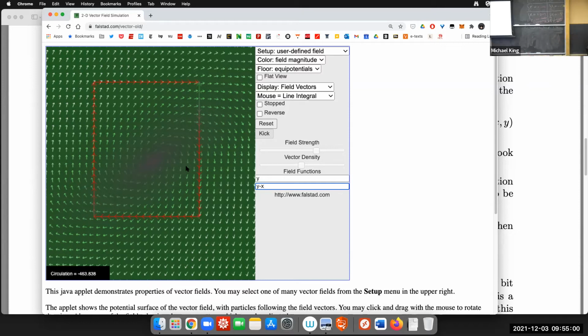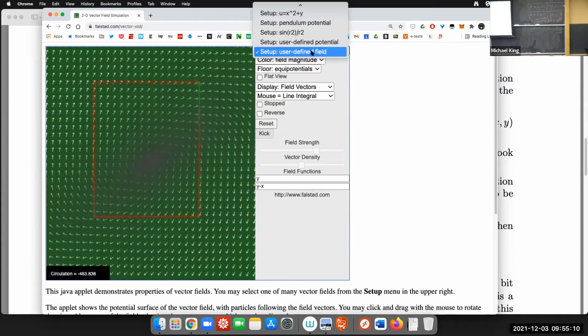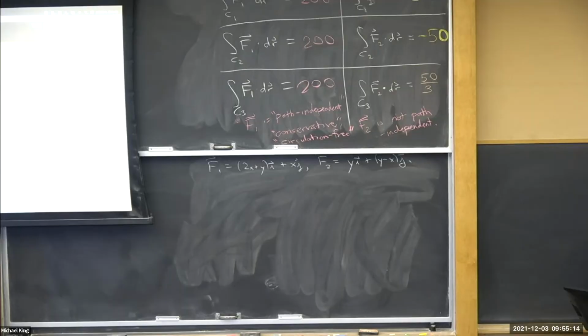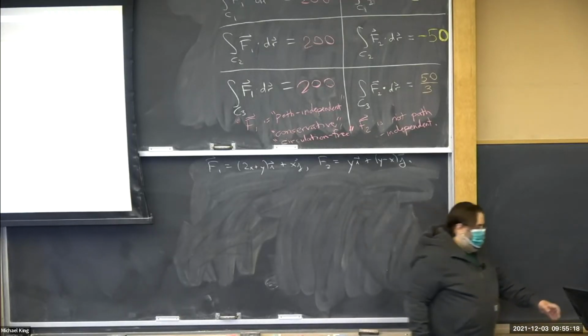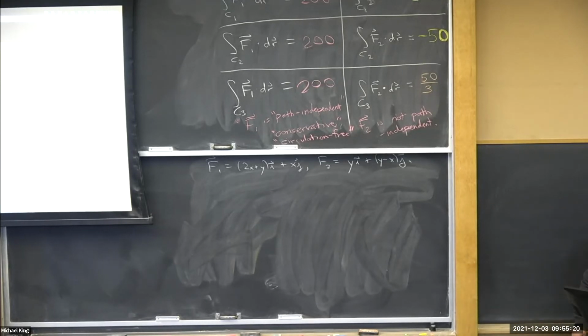The second thing, let me just go back to the board for now. The thing that was on page 2 of the handout was this thing about gradient fields and potential functions.